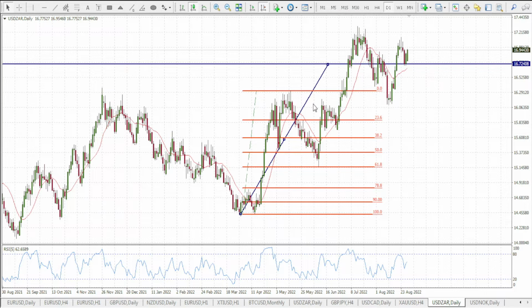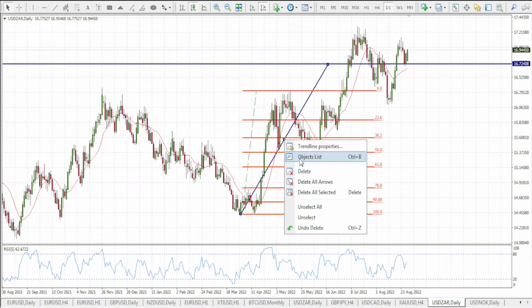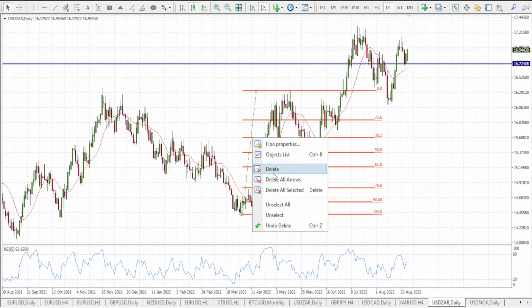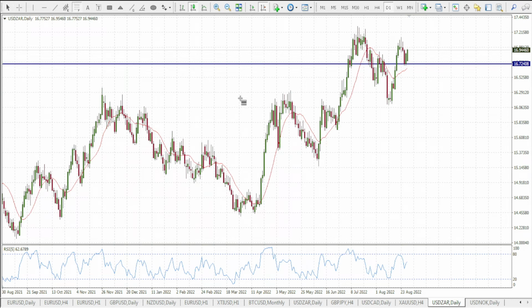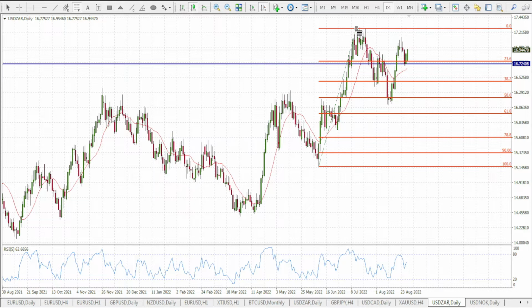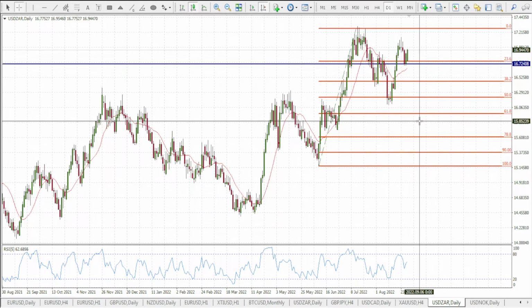So obviously at the moment it represents an up move, and let me show you the Fibonacci zone. If we consider this, definitely the market did not give us a retracement of 61.8.